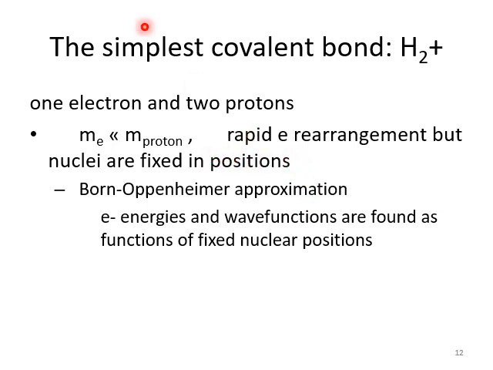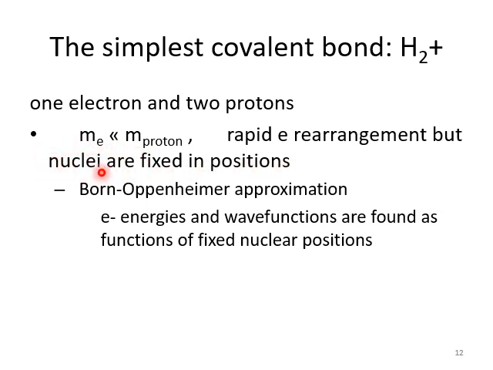The idea here in this approximation is that the mass of the electron is much, much less, 2,000 times less, than the mass of the protons. And as a result, the electron wave function will very rapidly rearrange when the nuclei are moved. And so we can analyze this problem as though initially, to get the wave functions and energies, as though the nuclei are fixed in position.